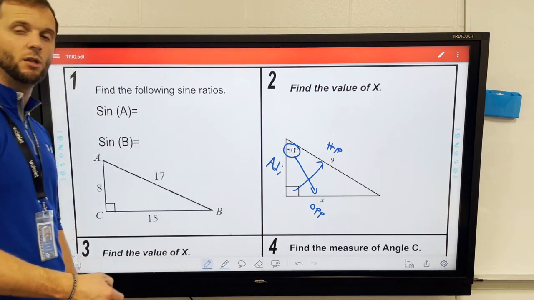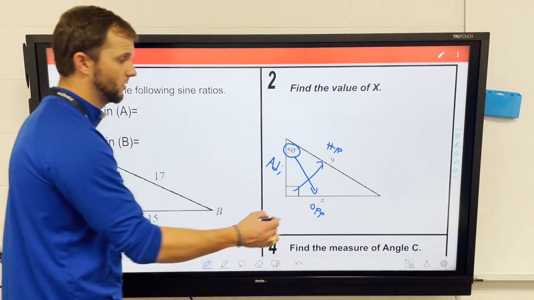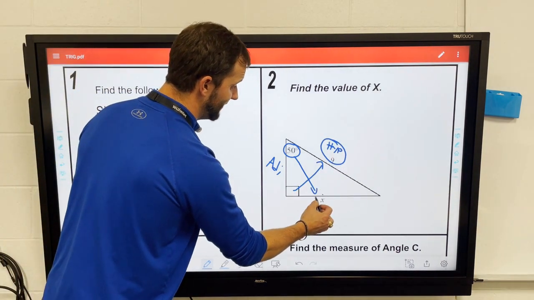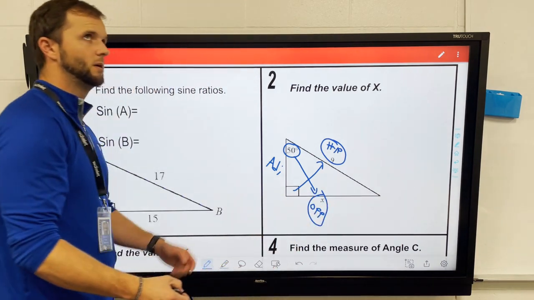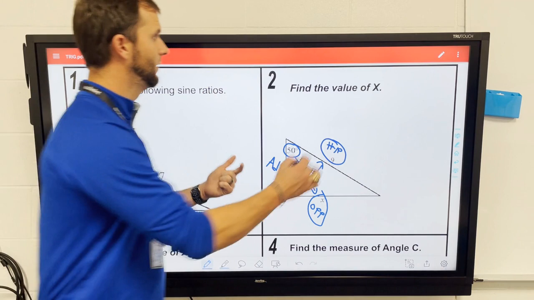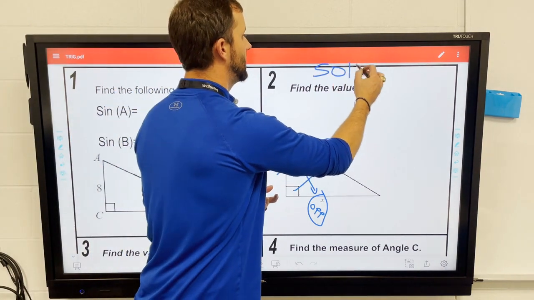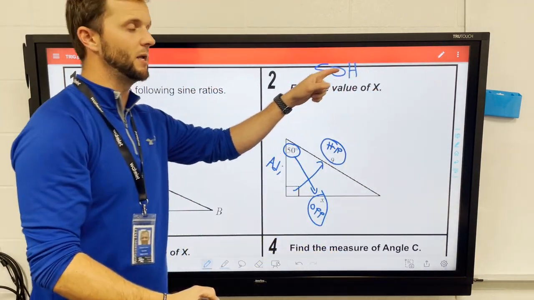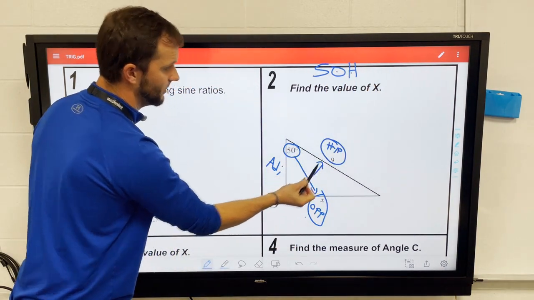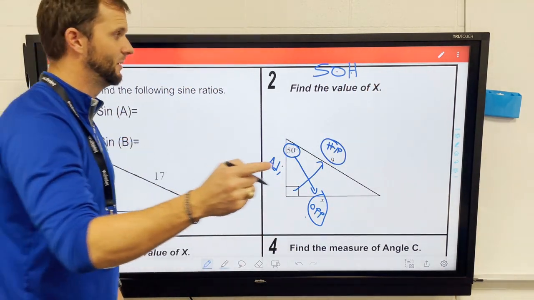So now we're just going to look at what's given. So look, I want you to circle this. They've given me my hypotenuse, and I need to find my opposite. So opposite and hypotenuse, OH. That's sine, because I know SOHCAHTOA. So, S-O-H. So opposite and hypotenuse. So this is how you're going to set this up, ladies and gentlemen.